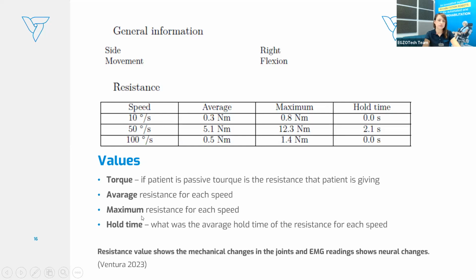I put some additional information here. So again, if you have the presentation, you can always go back to what exactly each value means. So according to literature, when we look at the resistance value, we really look at the mechanical changes in the joints. And when we look at the EMG readings, we might see some reflexes during the spasticity.